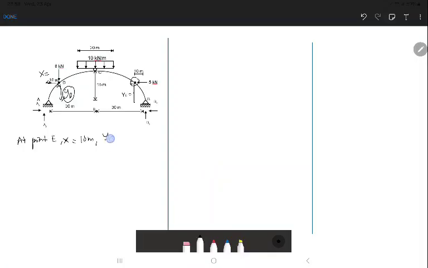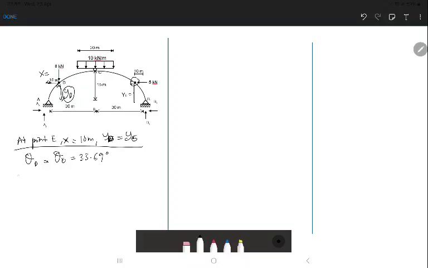So YD is equal to YE. So theta D is equal to theta E, 33.69. So no need to calculate it again.